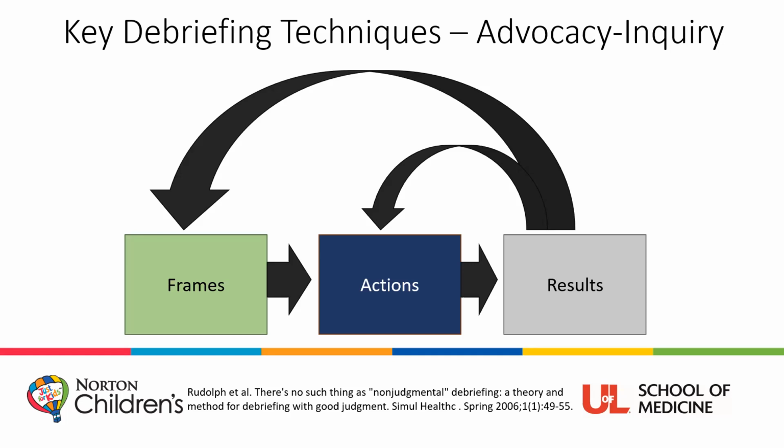So for the example that I gave, let's say that the frame of reference is, well, somebody in the room said to give this medicine and they were in authority over me and I didn't know how to challenge them. And so I just went ahead and did it.